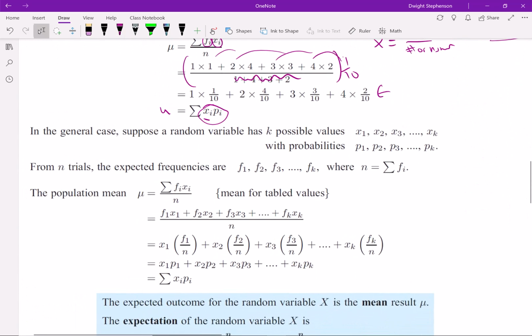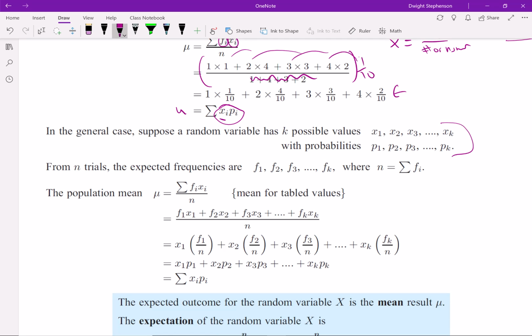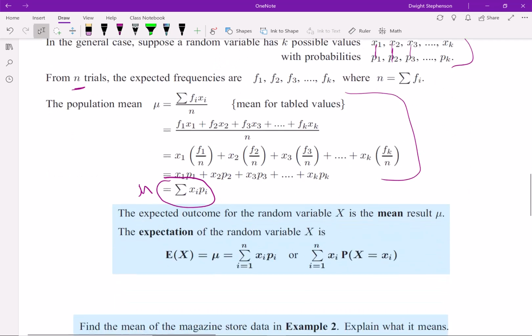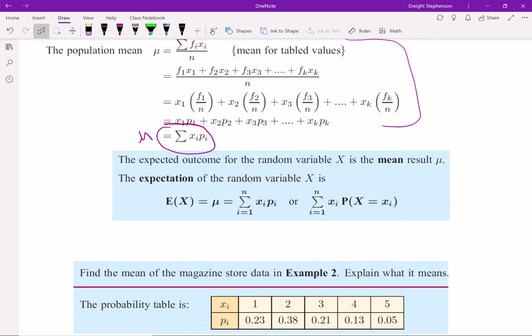So then we get into the general case, which is just that: the number and the probability associated with that number. If we did n trials, we go through the same thought process, just with variables, and we end up with the population mean, mu, is the same as the sum of xi times pi. And so that's the expected value.